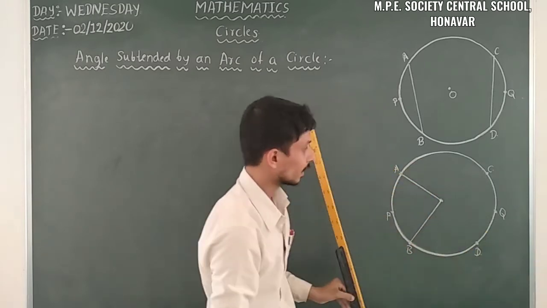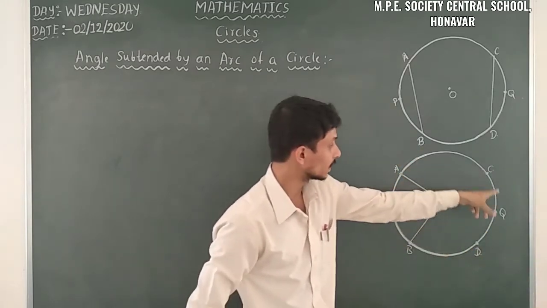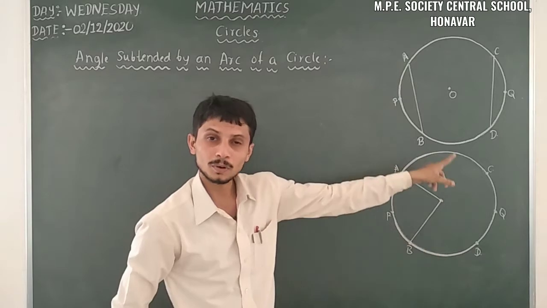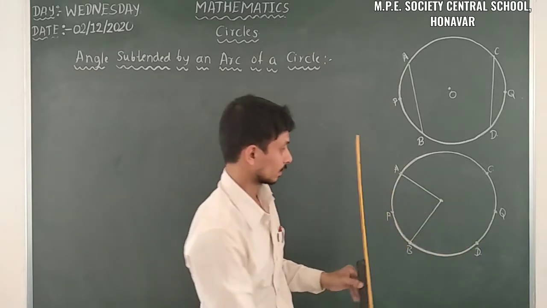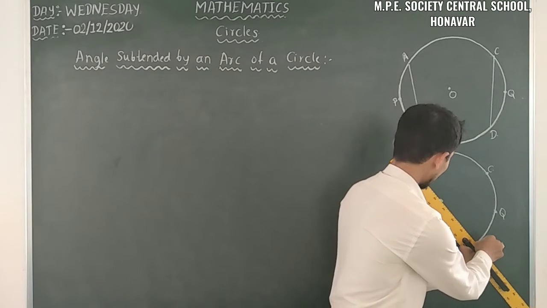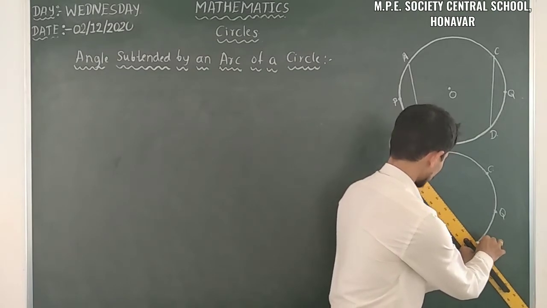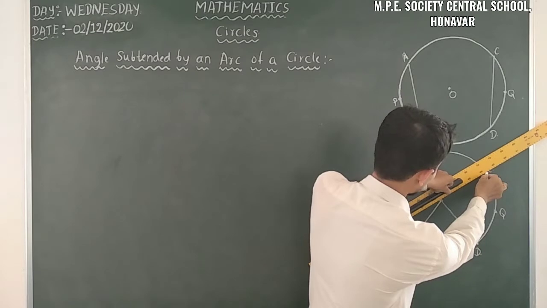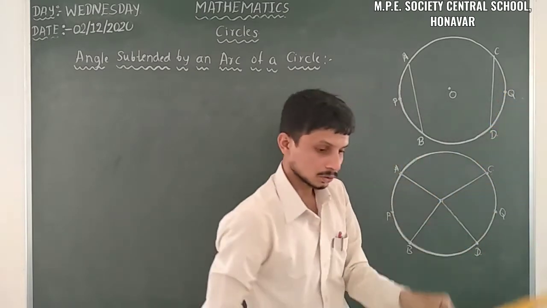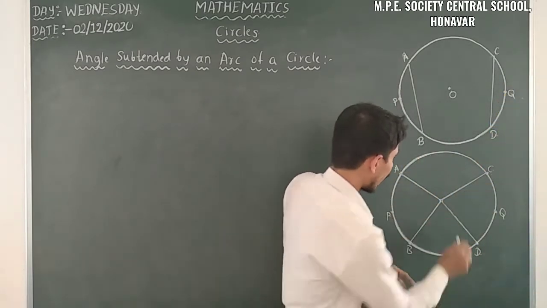Like this, and then here we have the CQD arc. From the CQD arc we have to join with this center. Like this we have to join. So here it forms two angles.